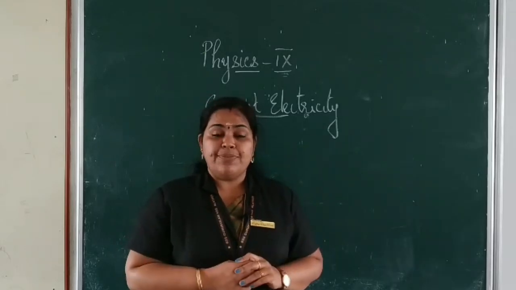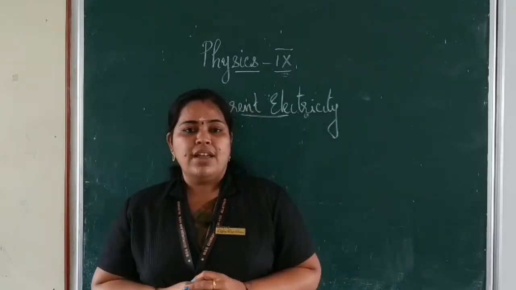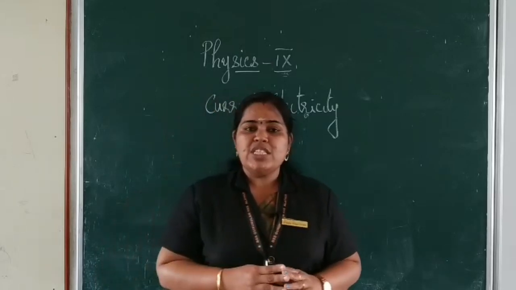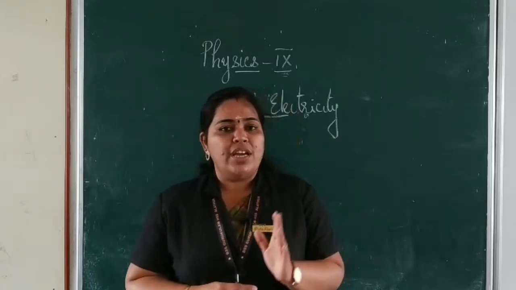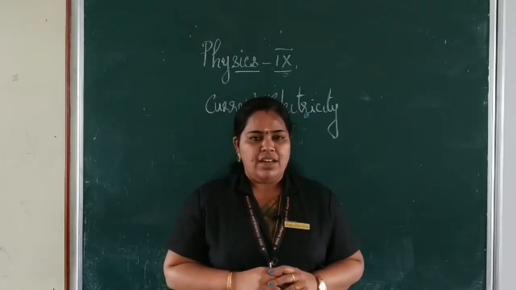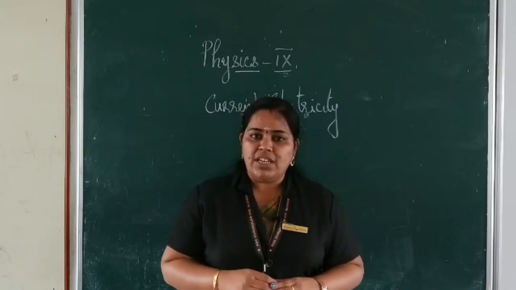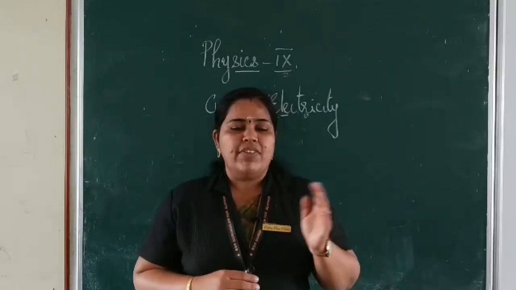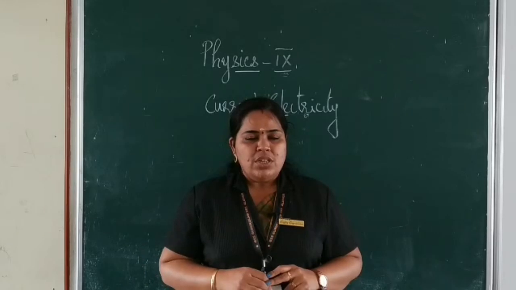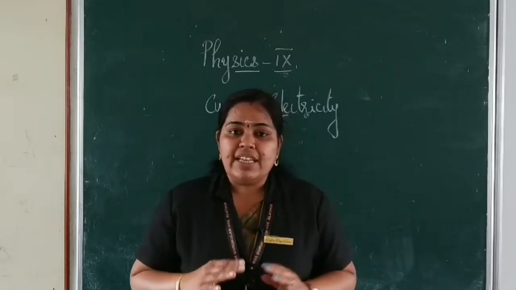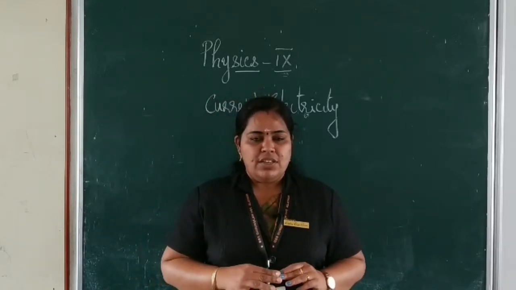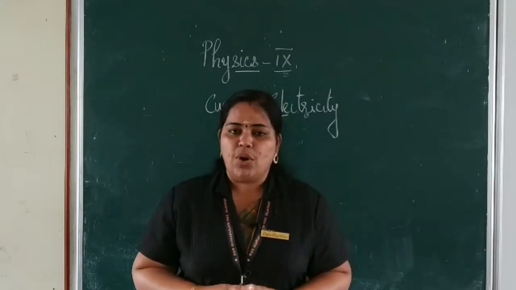What about the case of air? You know, air always flows from high pressure area to a low pressure area. And in the case of water, it flows from a higher level to a lower level. So, there should be an energy level difference for any type of flow to occur.